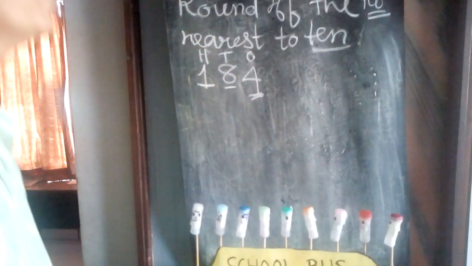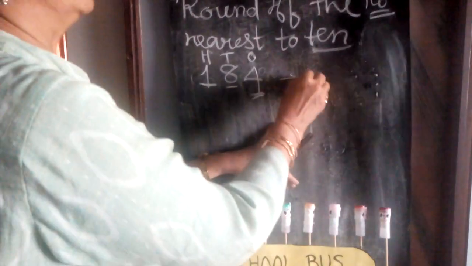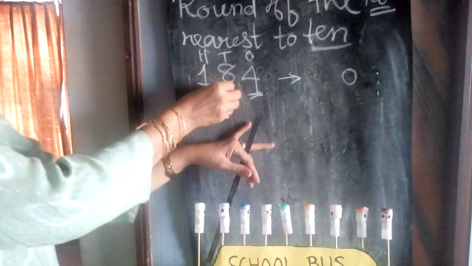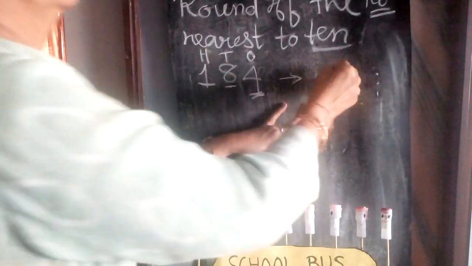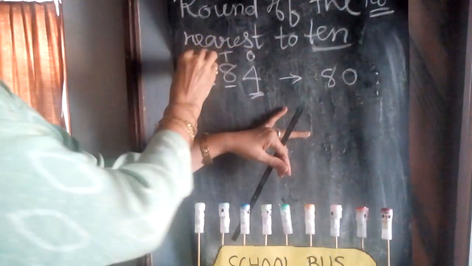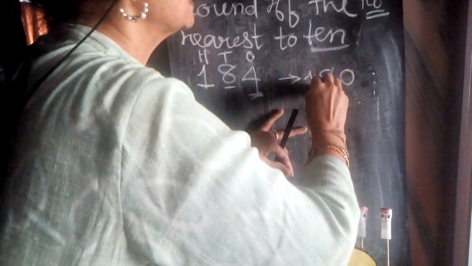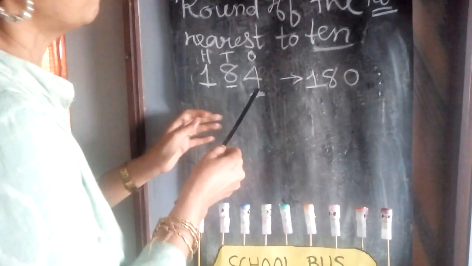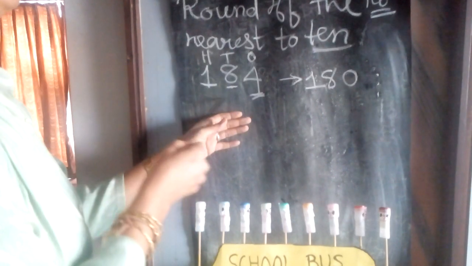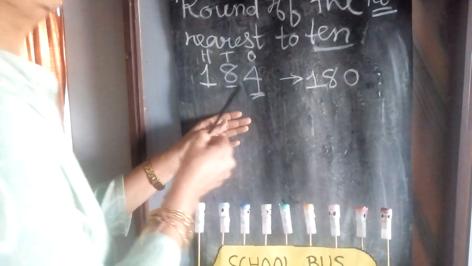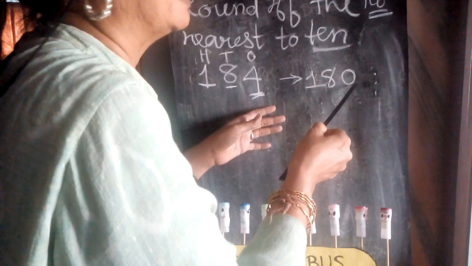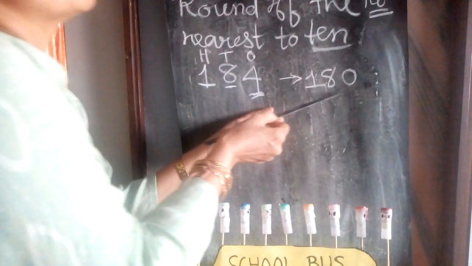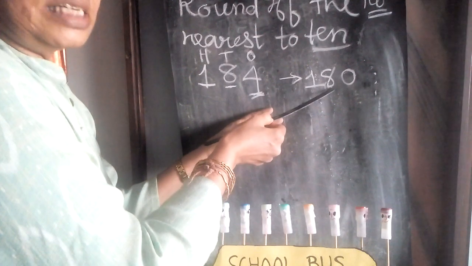Then you put 0 in the ones place, and your tens place will be the same and your 100 place will also be the same. So your number 184, when you round off to the nearest tens, will become 180 children. So 184 is nearest to 180, right children?